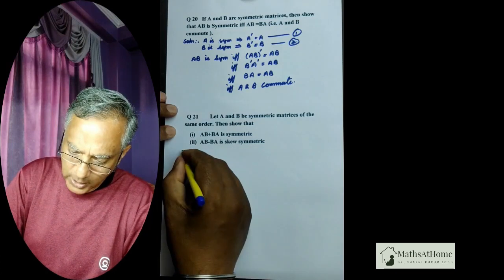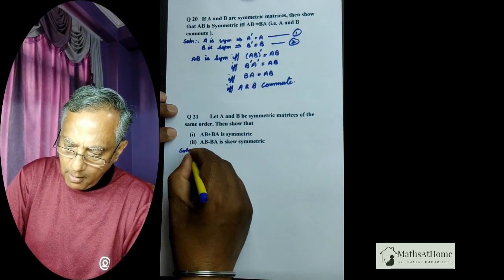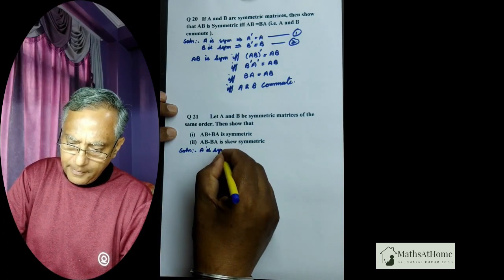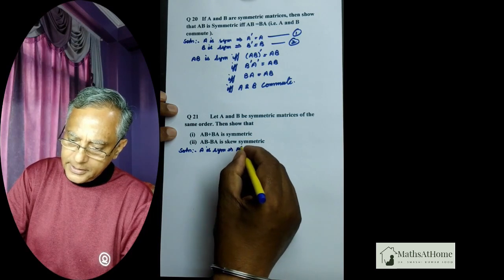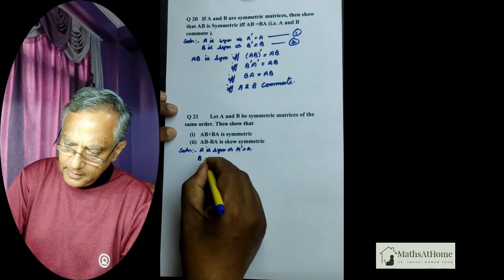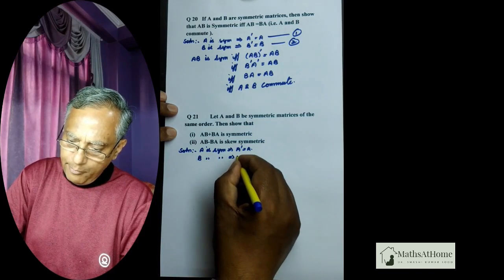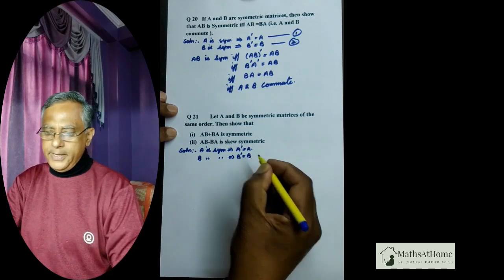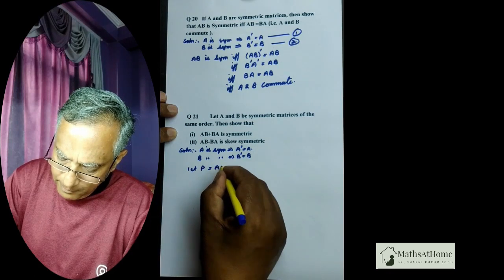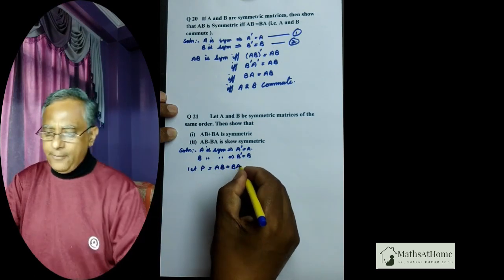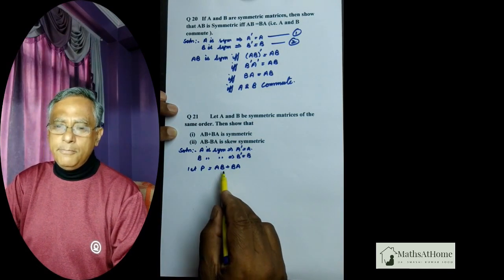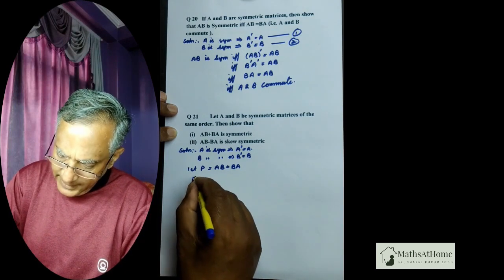So what we do is, A is symmetric implies A dash is equal to A, and B is symmetric, this implies B dash must be equal to B. Let P be equal to AB plus BA. We have to prove that this is symmetric, that is P dash is equal to P. So we find P dash.